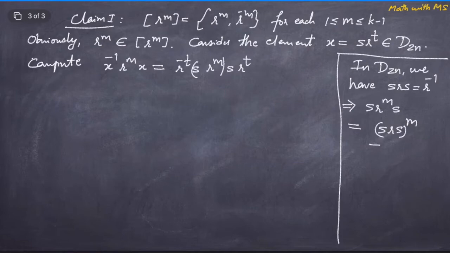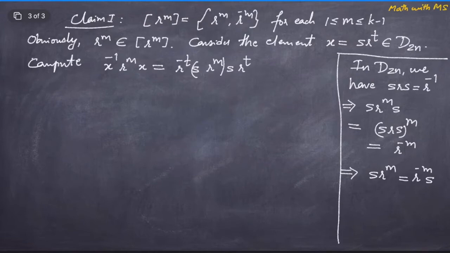This is the same as R to the power minus m, which implies that S times R to the power m can be written as R to the power minus m times S.